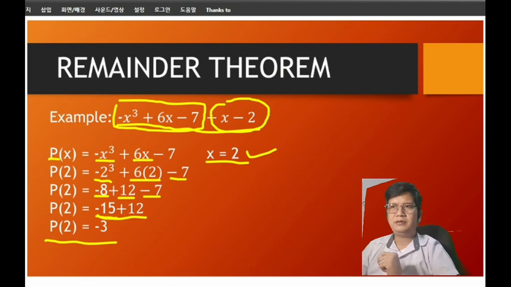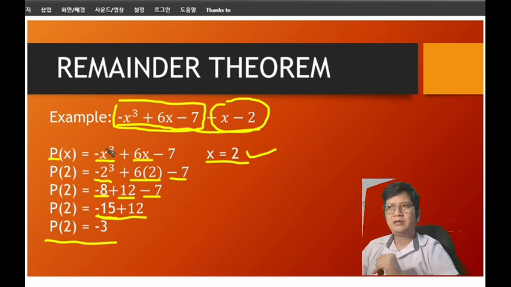Ikalawang example, and by the way, mapapansin nyo na yung ating term, hindi na tayo nagdagdag ng 0x raised to 2. Dahil hindi na naman natin kailangan kapag nagkaroon tayo ng 0x raised to 2 at yung x na yun ipapalitan natin ng 2.